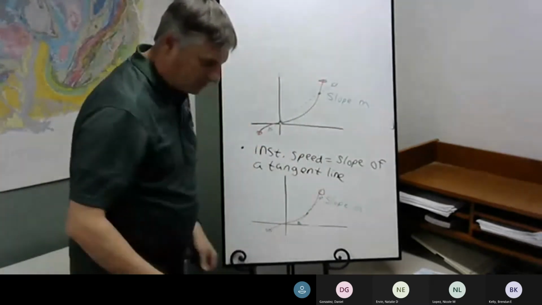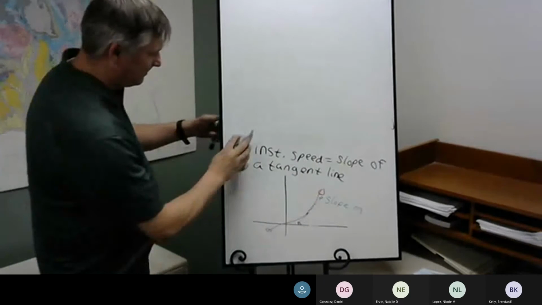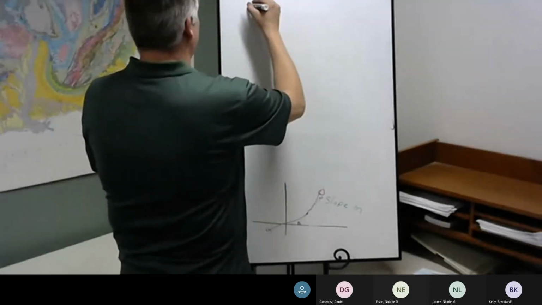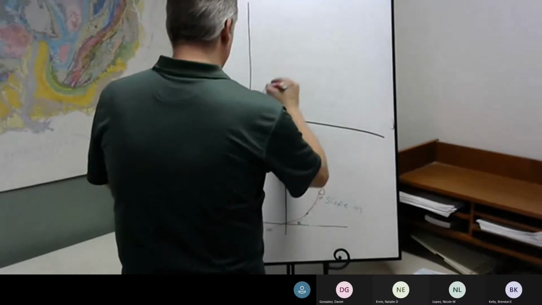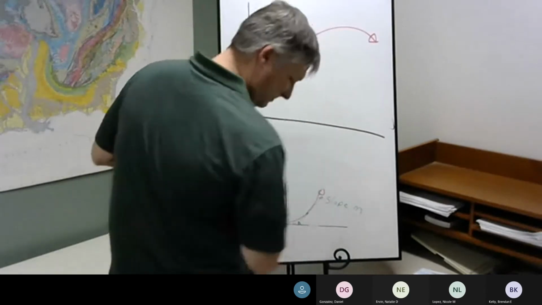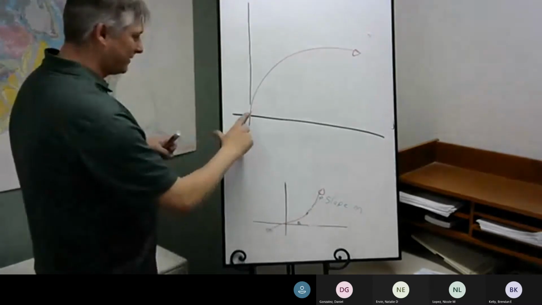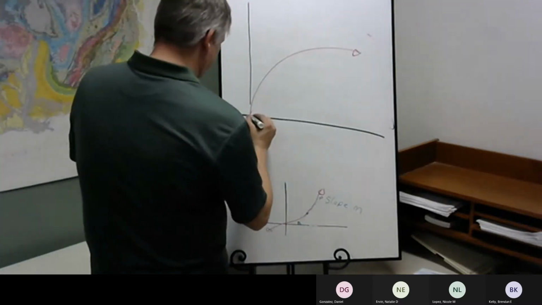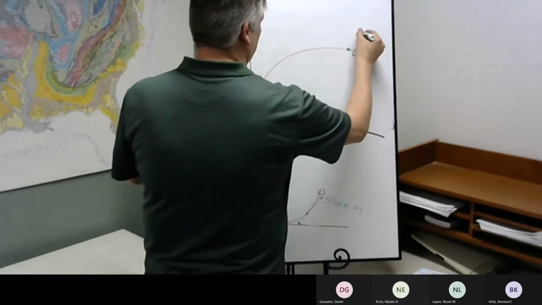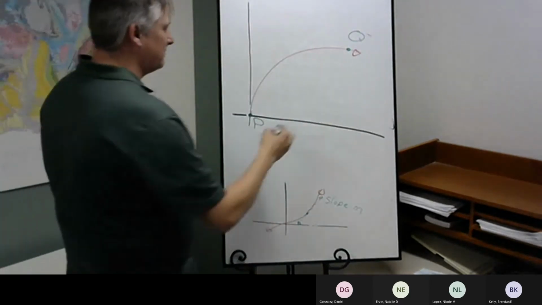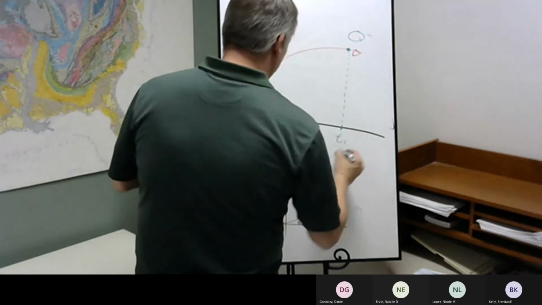So what we're going to do, let me illustrate. Let's say we have point P. We're going to start with a point Q. Say this is T0, and this is T1.